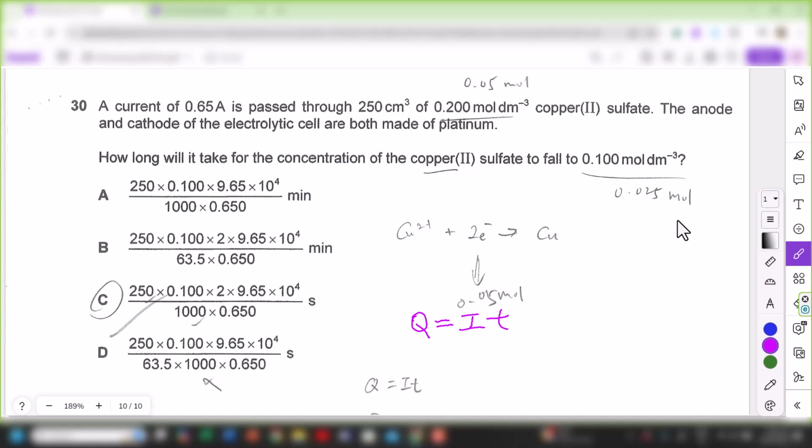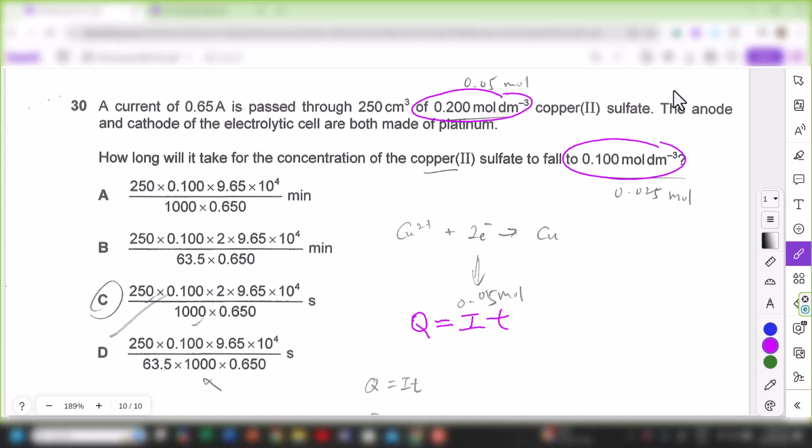Anode and cathode are both made of platinum. So this is the reduction of copper 2 to copper. How long will it take for the concentration of copper 2 sulfate to fall to 0.1 mole per dm cube? Again we take the difference: they want the change in concentration to be 0.1 mole per dm cube.